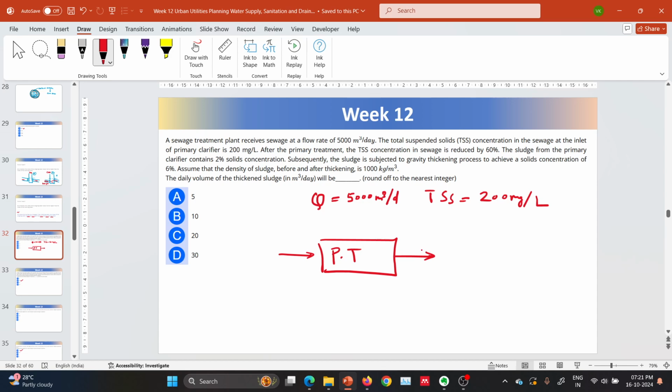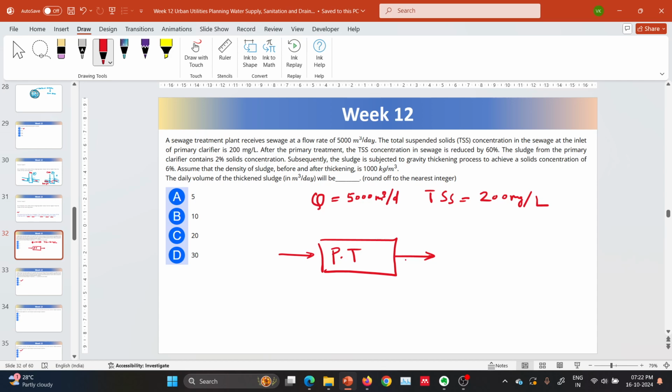The sludge from the primary clarifier contains 2% solids concentration. Subsequently, the sludge is subjected to gravity thickening process to achieve a solid concentration of 6%. Assume that the density of sludge before and after thickening is 1000 kg per meter cube. The daily volume of thickened sludge will be.